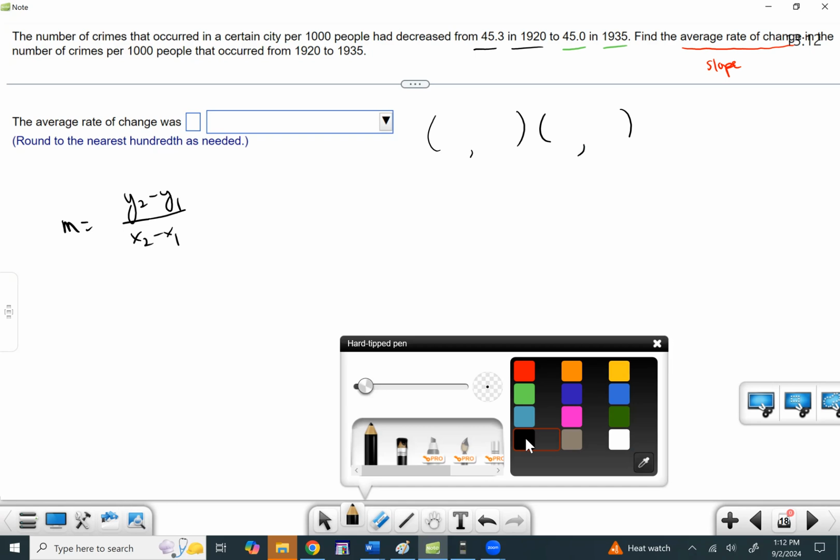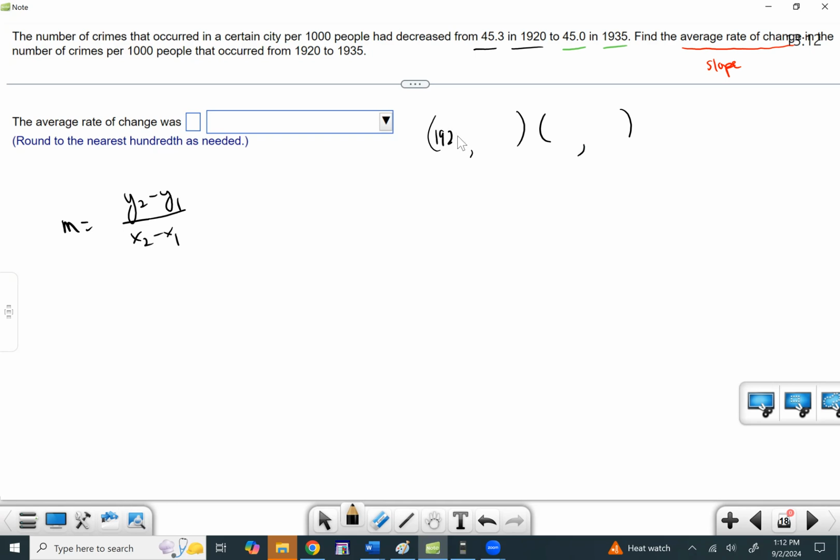So I'm actually going to put the 1920 as the X and the 45.3 as the Y. And then I'm going to put 1935 as the X and the 45 as the Y. So you've got to know the time is the independent variable, the X value, okay? Otherwise you might write these wrong.